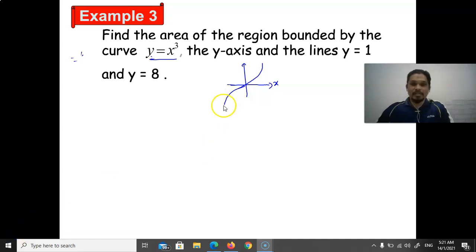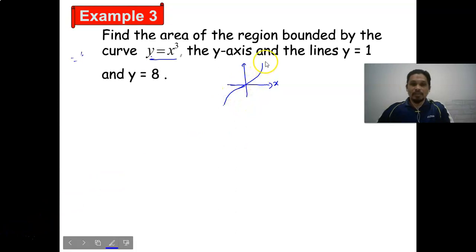So guys, this is a graph of y equal to x cubed, and then the lines y equal to 1 until y equal to 8. Okay, you sketch it on paper nicely for this one.